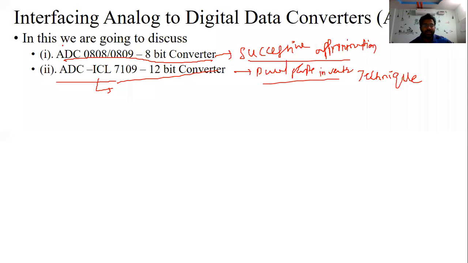In the last class, we already completed the ADC 0808 or 0809, the 8-bit converter. Today we are going to discuss the analog to digital converter ICL, Intersil 7109, a 12-bit converter.